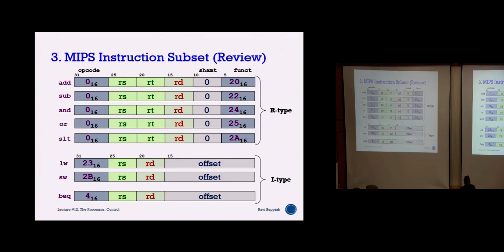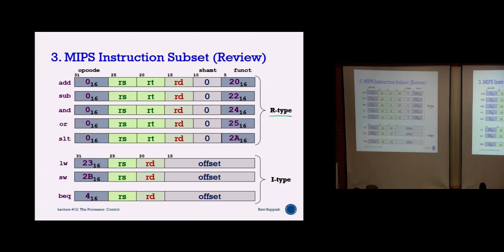This gives us an overview of the subset of instructions that we are looking at. If you look at R-type instructions, these are the different instructions. In this set of notes, we are not going to look at all the possible instructions, as it would be too much to cover. We're just looking at a subset of instructions, and how we design the control unit to cater to this subset.